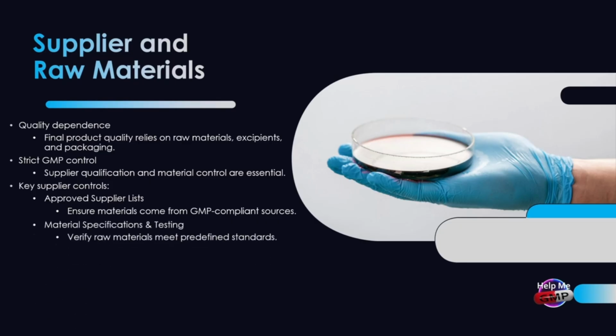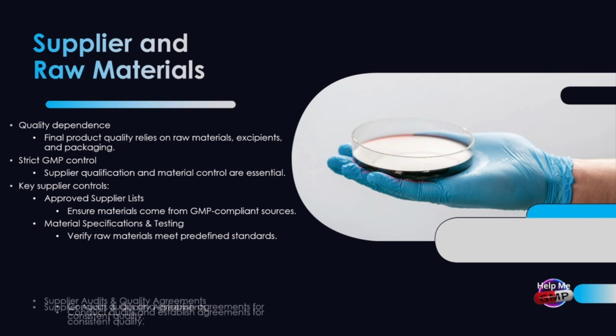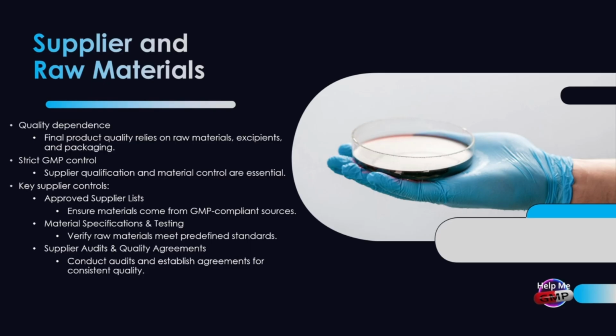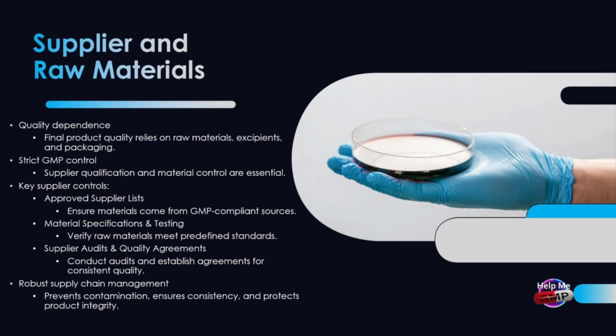Material specifications and testing, verifying that all incoming materials meet predefined quality standards before use. Supplier audits and quality agreements, such as on-site supplier audits and establishing quality agreements to ensure consistent quality. A robust supply chain management helps prevent contamination, ensure batch-to-batch consistency, and safeguard product integrity.